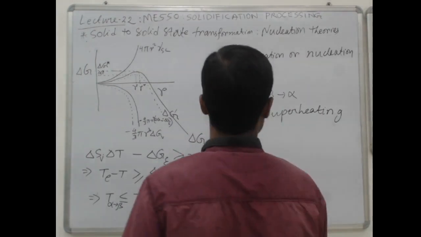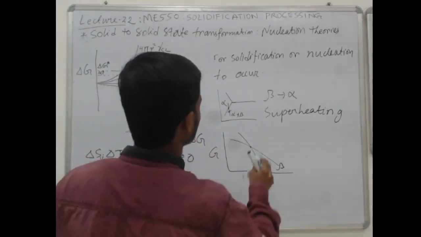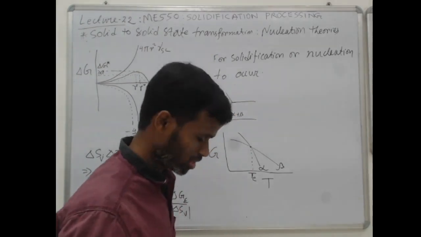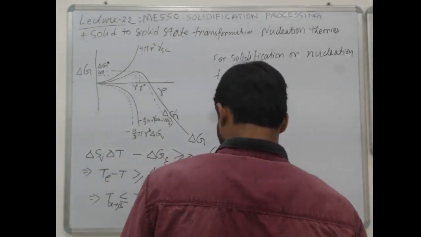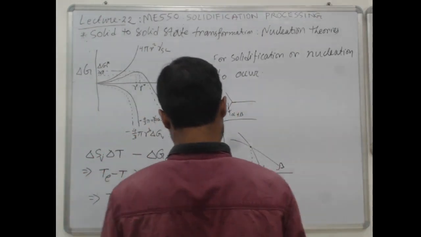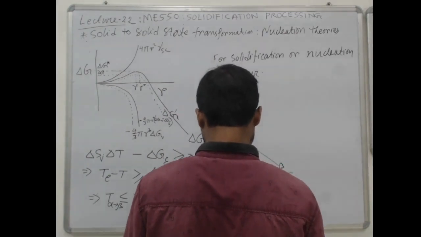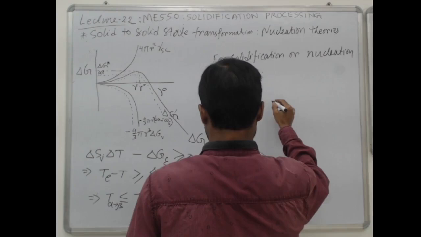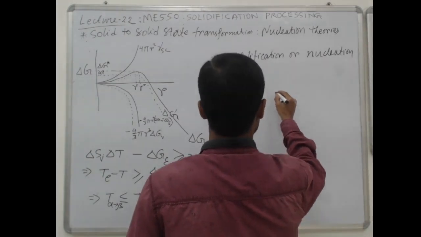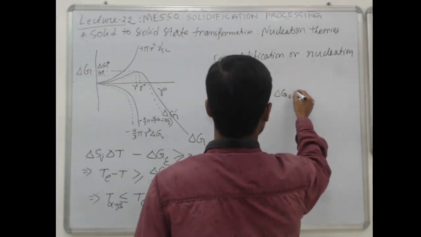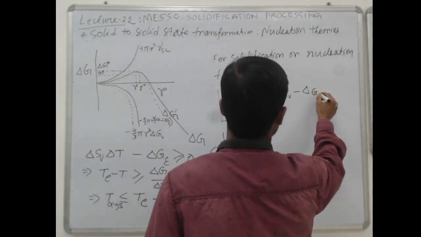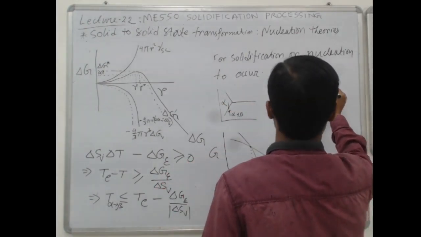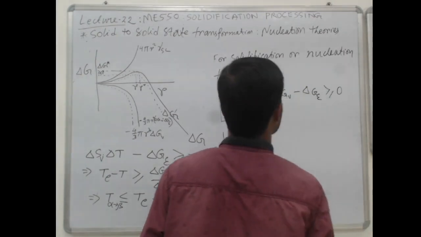So for beta to alpha transformation also, we can write the same condition, that delta G volumetric minus delta G elastic will be greater than or equal to 0.